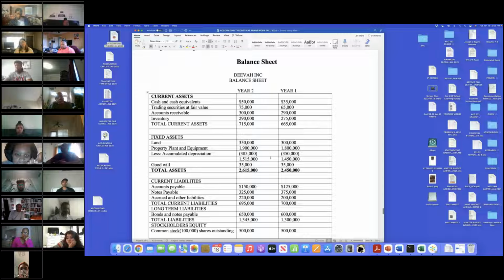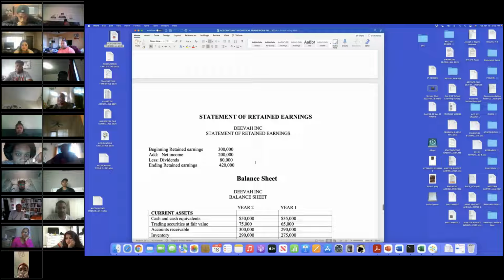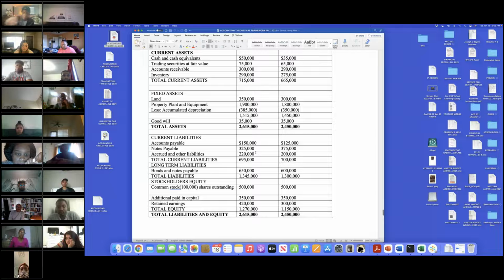So you personally, probably a lot of you getting ready to file income tax returns, which will reflect the income that you made in 2021. All of you also have a balance sheet where you have your assets and your liabilities. And if your assets exceed your liabilities, then you have a positive equity.